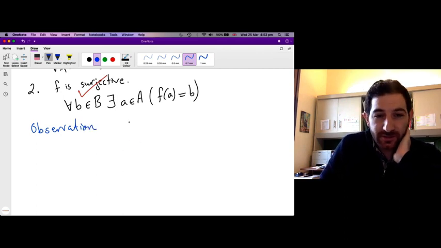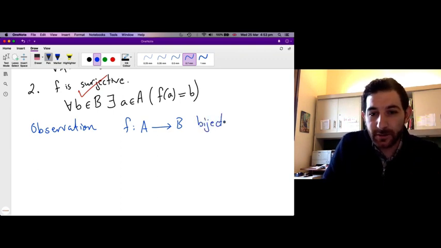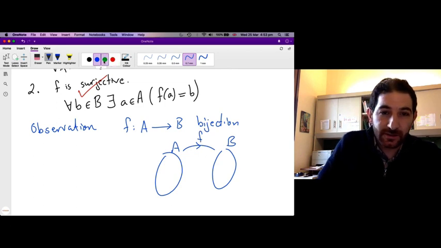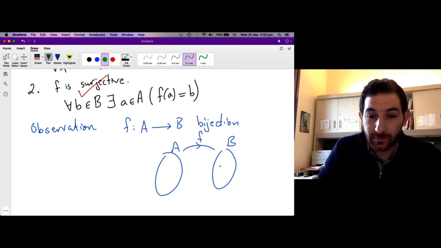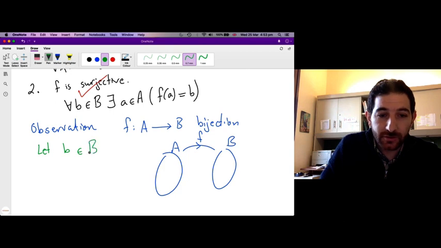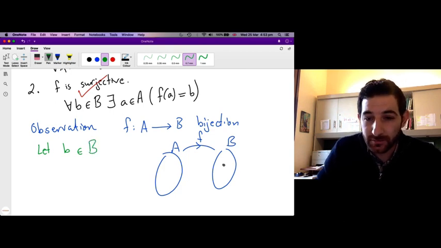So suppose f from A to B is a bijection. Let's draw the picture. This is the domain A, this is the codomain B, and we have the function f, and let's say we choose some b in B. So choose any element in B. Let's call it small b.